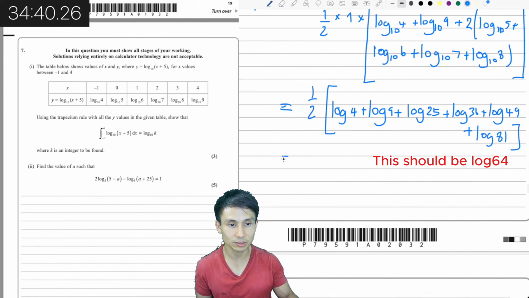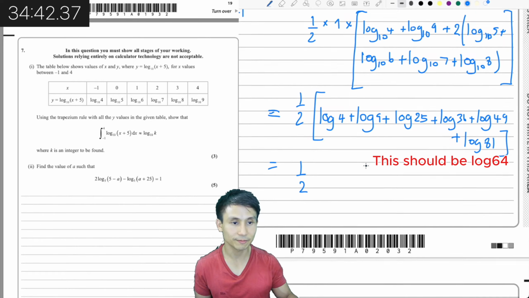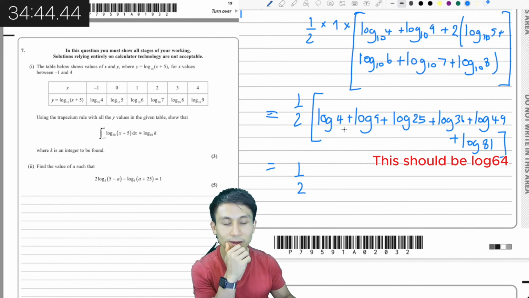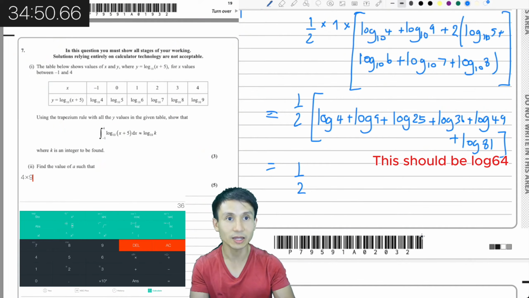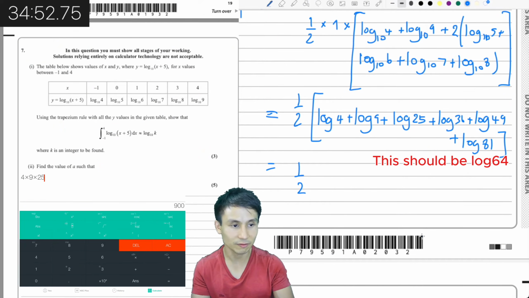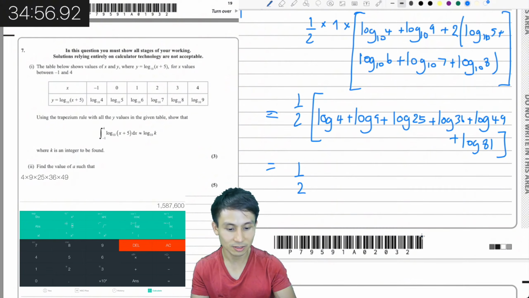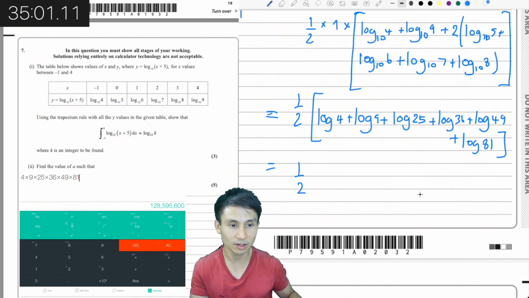Okay, so this is 1/2. And then you have 4. When you multiply all the numbers inside, you get 4 times 9 times 25 times 36 times 49 times 81. But you gotta, you know, square this, right?